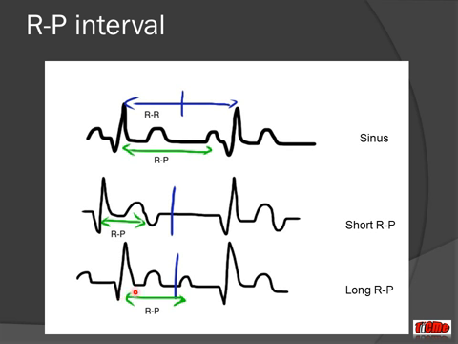Then we have this next example where the P wave is more than halfway between the R waves. So this is a long RP tachycardia, and what that's telling you is that the depolarization is essentially occurring in the atria or in the sinoatrial node.